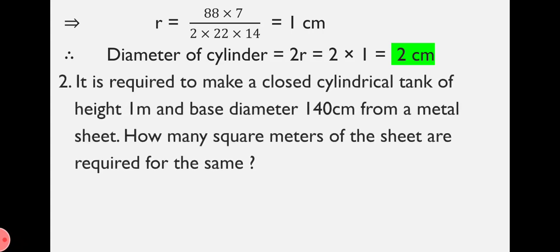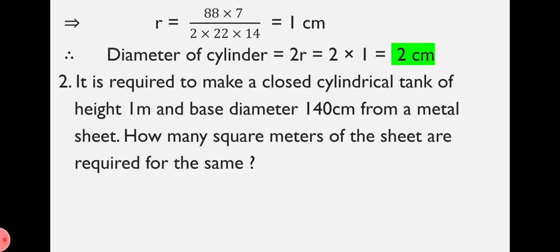Next question. Question number 2. It is required to make a closed cylindrical tank of height 1 meter and base diameter 140 centimeter from a metal sheet. How many square meters of the sheet are required for the same? Now, we have to find out how much sheet is required to make a closed cylindrical tank whose height is 1 meter and base diameter is 140 centimeter.